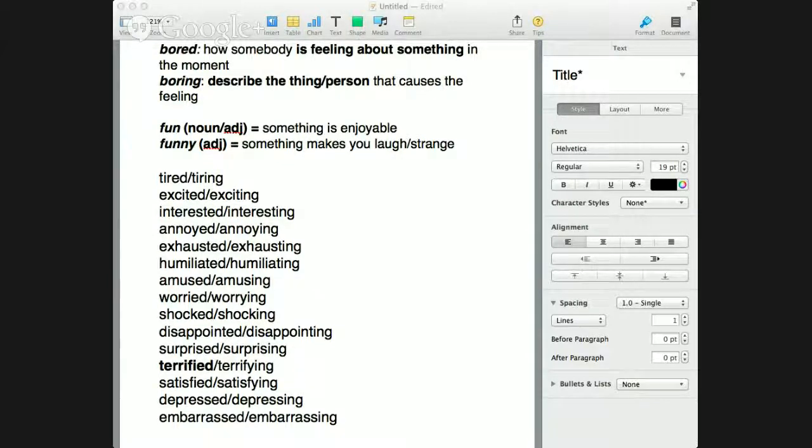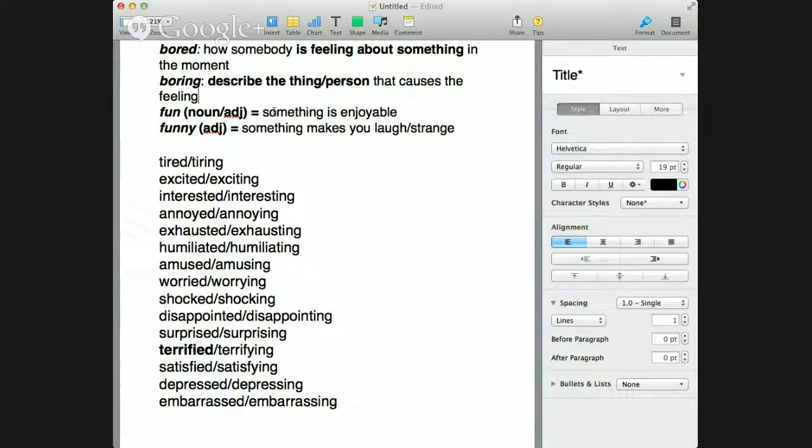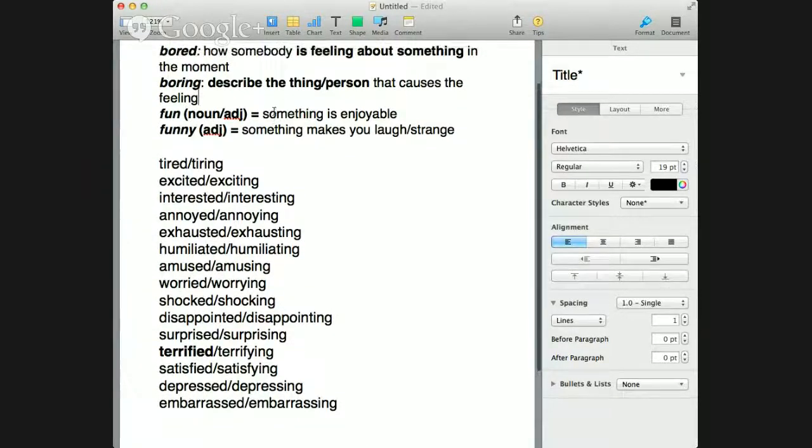And I got terrified because I almost didn't have time to brake. Okay, I almost didn't have time to brake. Yes, I almost didn't have time to brake.